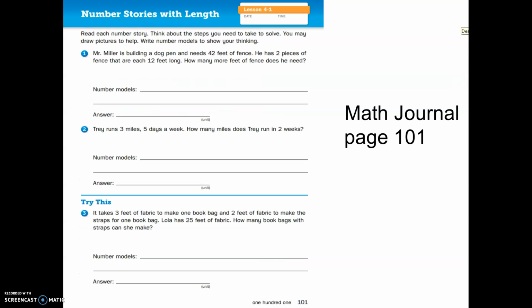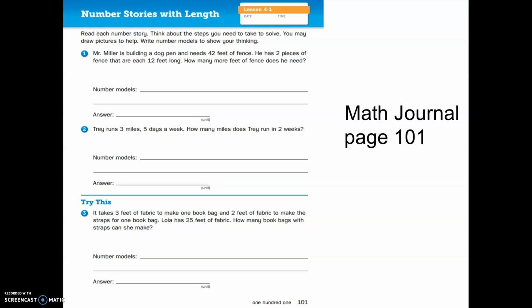Math Journal, page 101. You're going to work on some number stories that have to do with length. You're going to have to read the problem, read it once, read it twice, read it 3 times if you have to. Think about the steps that you need in order to solve the problem. You can draw pictures if you need to.